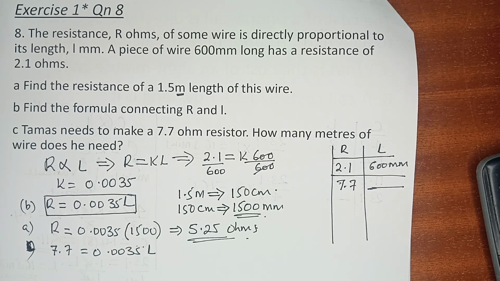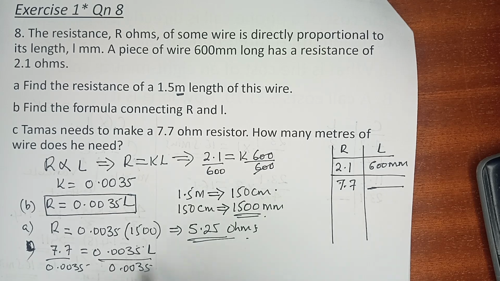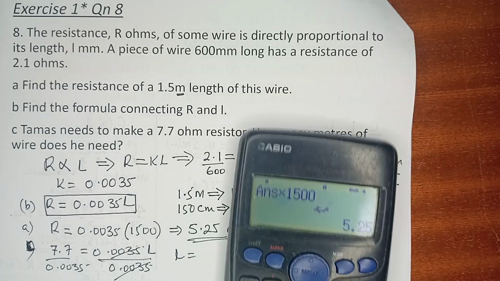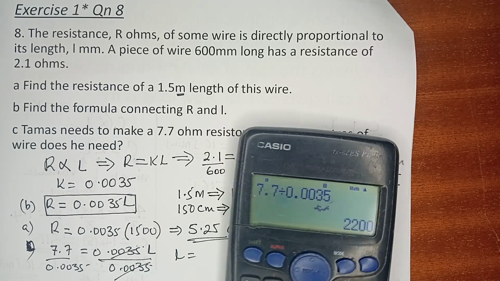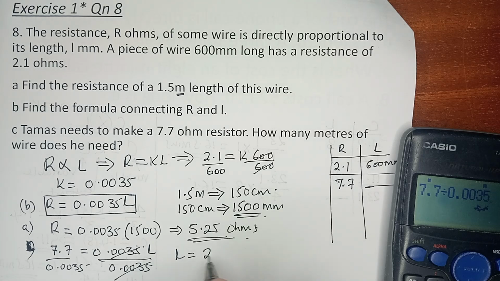We shall convert it later. So divide both sides by 0.0035, and this cancels out, and L is 7.7 divided by 0.0035, which is 2,200, but this is millimeters.